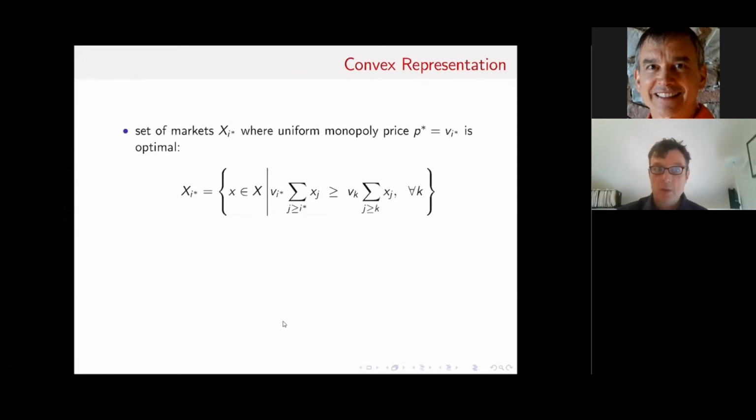Formally, we want to think about the set of markets X_i* as those markets where it's optimal to charge the monopoly price v_i*. So that simply gives us a collection of all possible markets where it's optimal to charge v_i*.